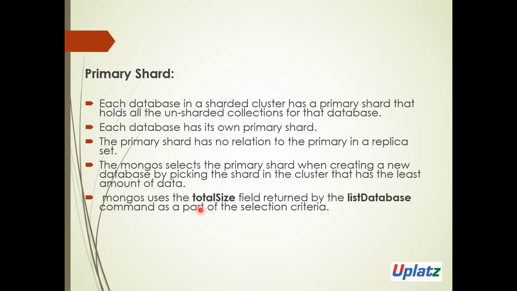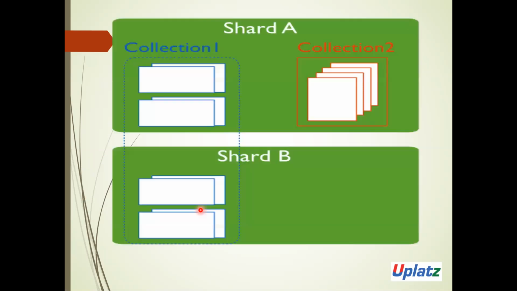MongoDB selects the primary shard when creating a new database by picking the shard with the least amount of data. It uses the totalSize field returned by the listDatabases command as part of the selection criteria.